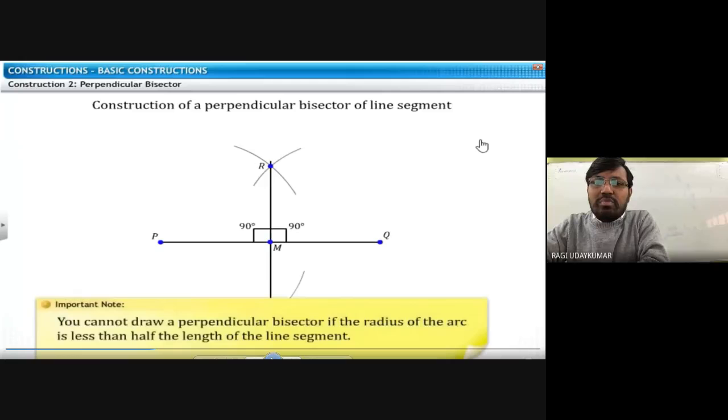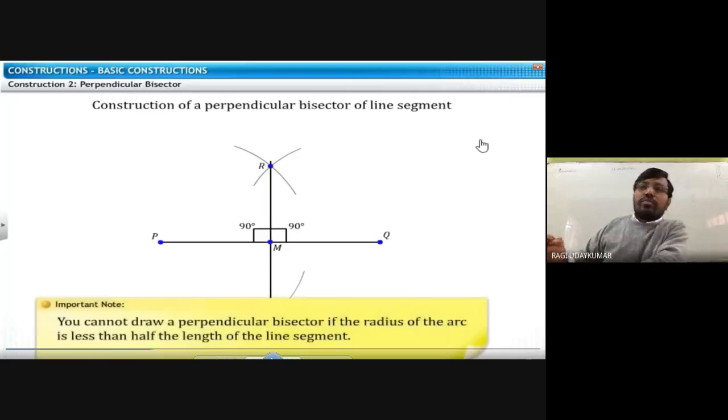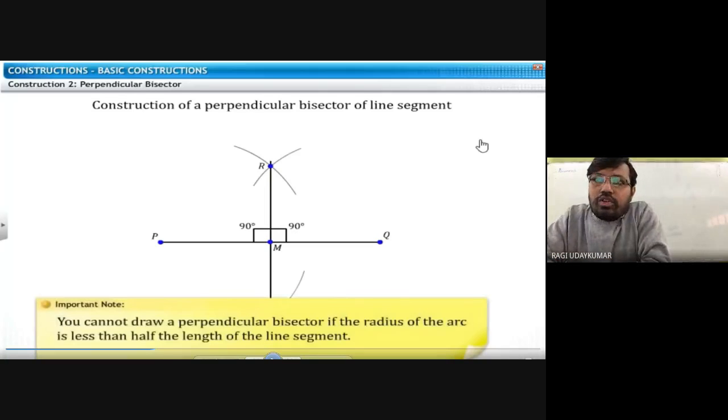I'll ask you. So middle में कैसे हुआ bisector? So how it becomes a bisector you are asking. Okay, I'll explain to you. See here, you cannot draw a perpendicular bisector if the radius of the arc is less than or half of the length of the line segment. मैं पहले बोला है ना, normally arcs intersect नहीं होता है.